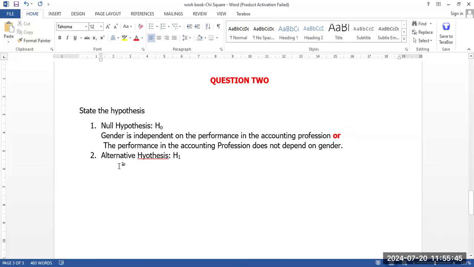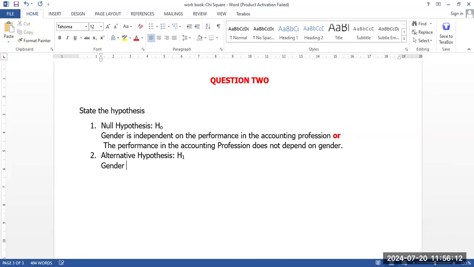So what can be your alternative hypothesis? Gender is not independent on the performance in the accounting profession, or the performance in the accounting profession depends. So you just change the words.